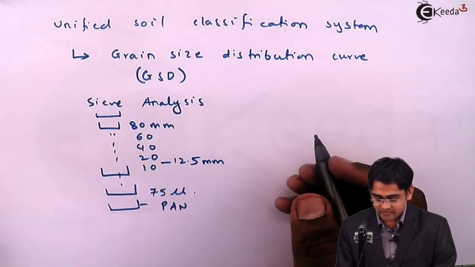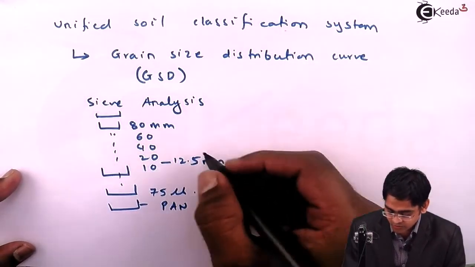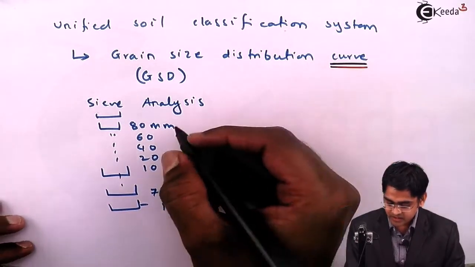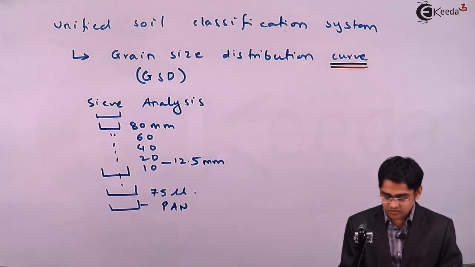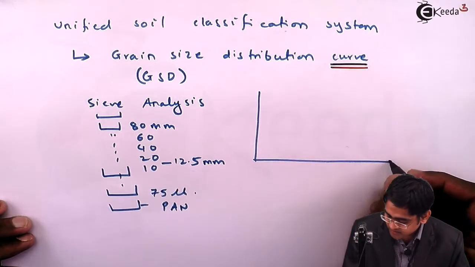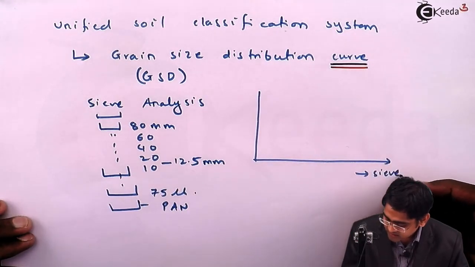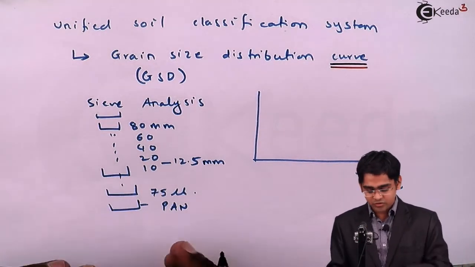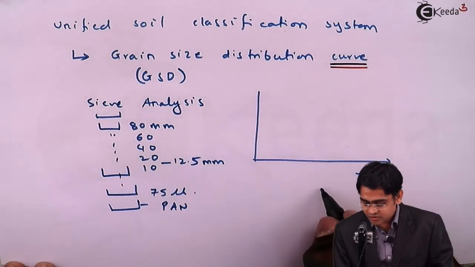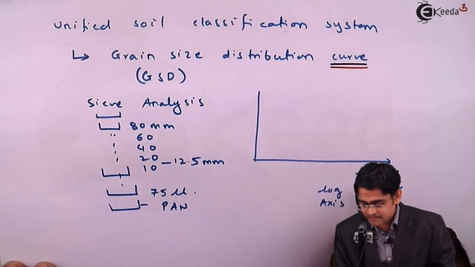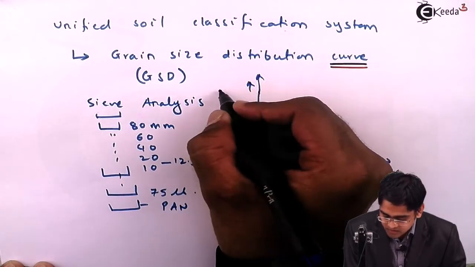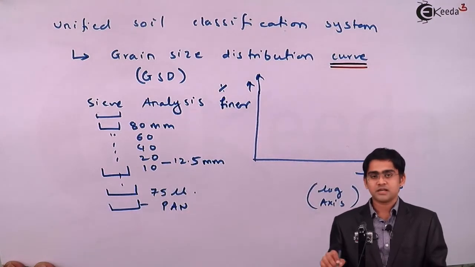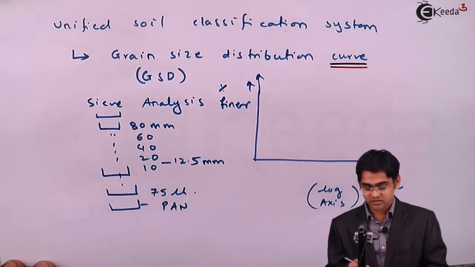We also discussed how to get this grain size distribution curve from the sieve analysis test that we run in the lab. The sieve size has a broad range, from 80 mm to 75 micron, so this has to be plotted on a log axis, and on the y-axis we plot the percentage finer. Percentage finer means 100 minus the cumulative percentage retained on a particular sieve.